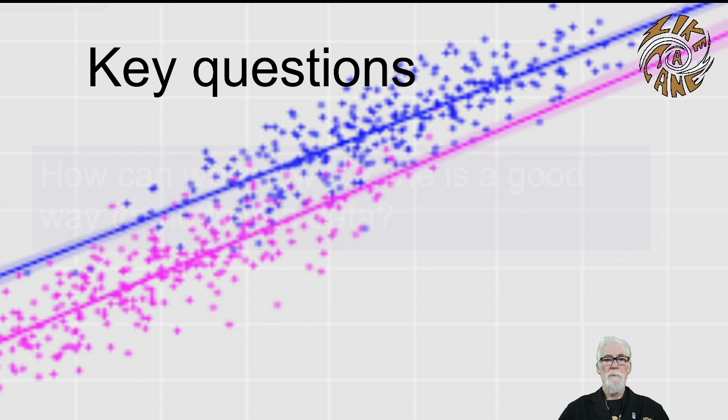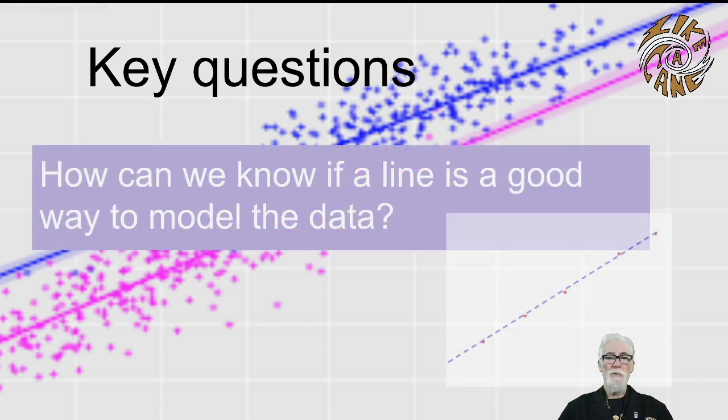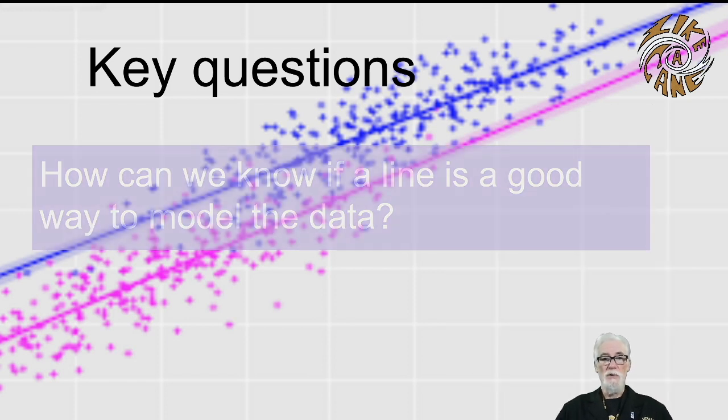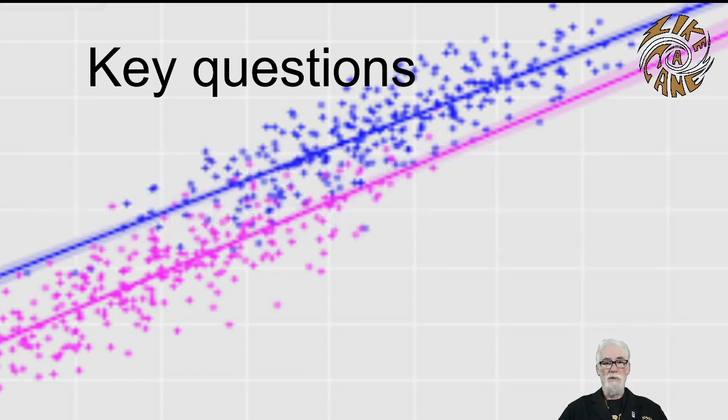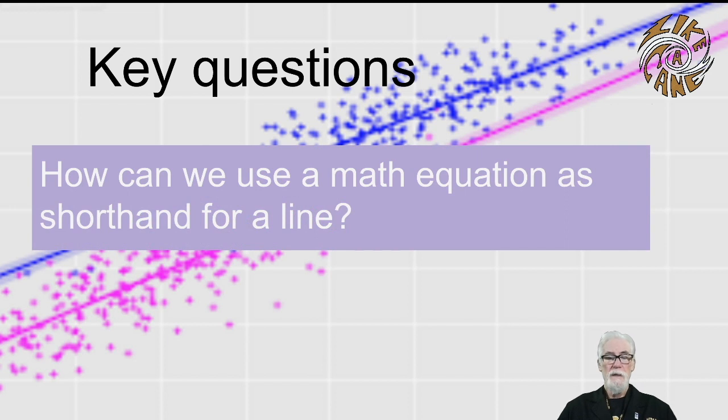Another question is, how can we know if a line is a good way to model the data? The reason we want to know the answer to this is because the math of lines is easy math, and so we want to be able to spot lines if they're present and then know what to do if a line isn't a good model.